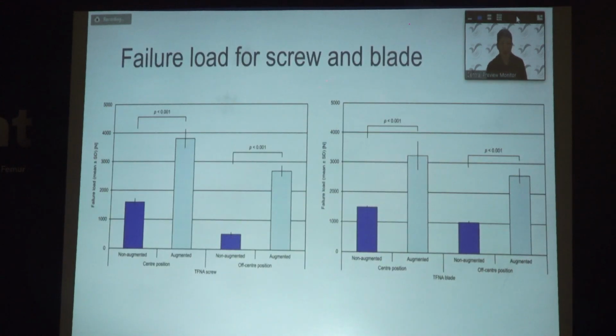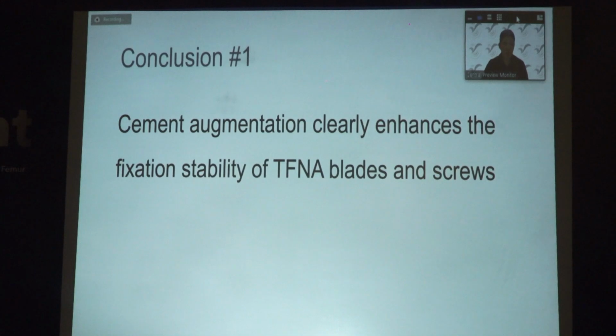So failure loads for the screw and the blades. If you could see, whether you use the screws or the blades, if you augmented it, they were statistically significantly stronger than the non-augmented. The conclusion number 1 is cement augmentation clearly enhances the fixation stability of the TFNA blades and screws.